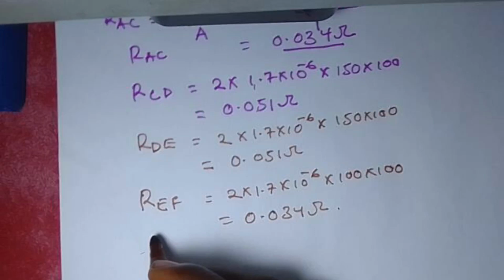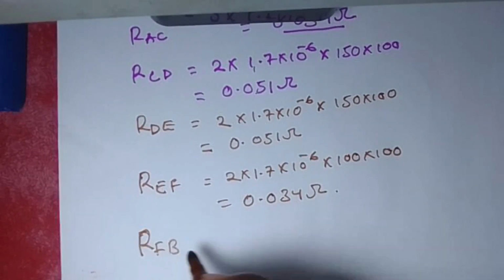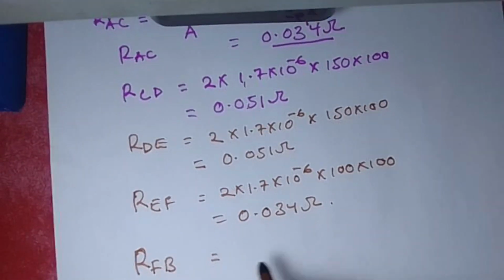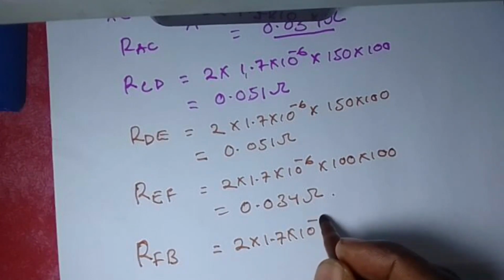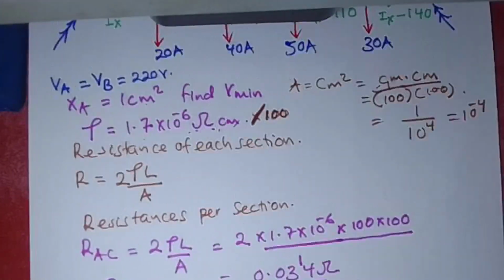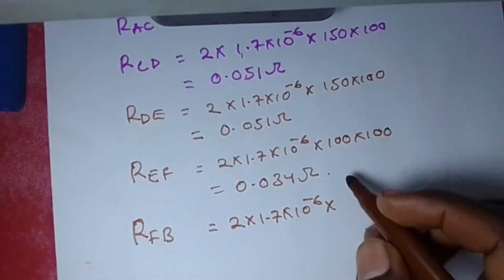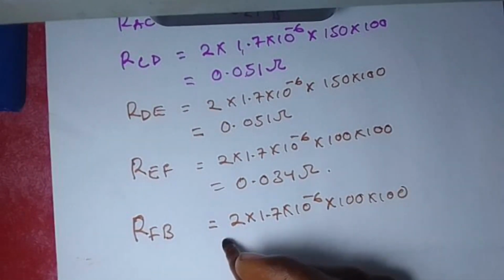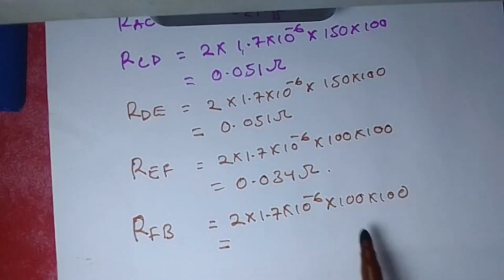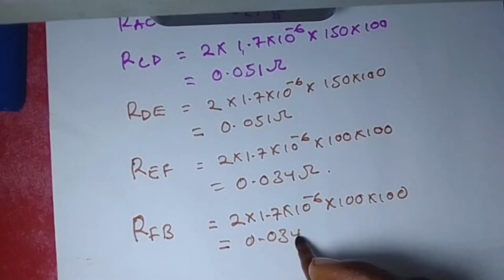Then similarly we can calculate for R between F and B, and that is going to give us 2 times 1.7 exponent negative 6 times the distance between these two sections, which is also 100, so times 100 times 100, and this is going to give us the same value, which is 0.034 ohms.